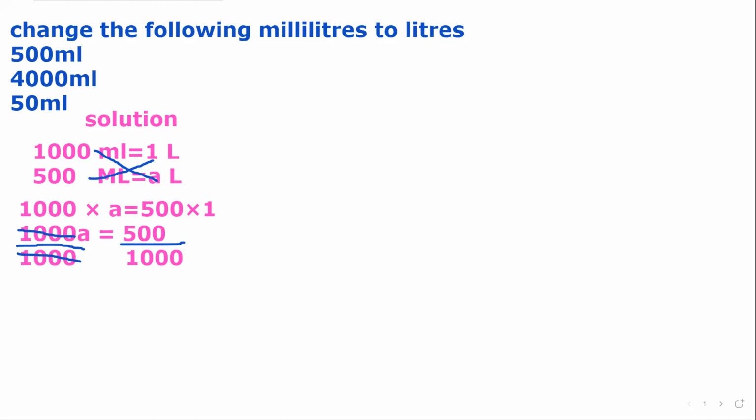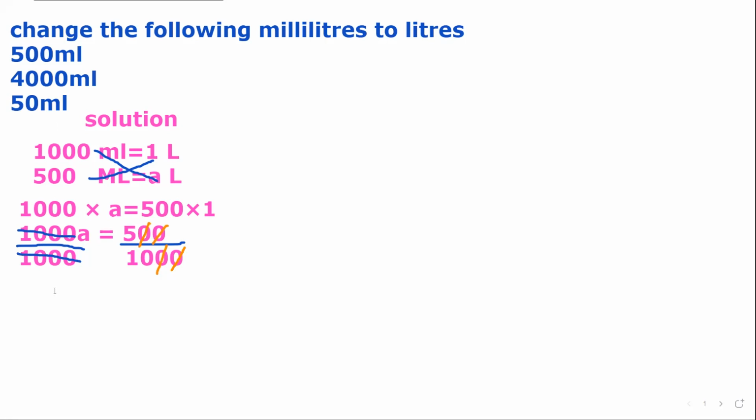Now you can also cancel the last digit here. The 0 here will take care of this 0, and the next 0 will also take care of this one.